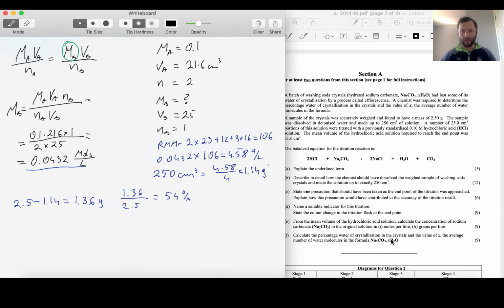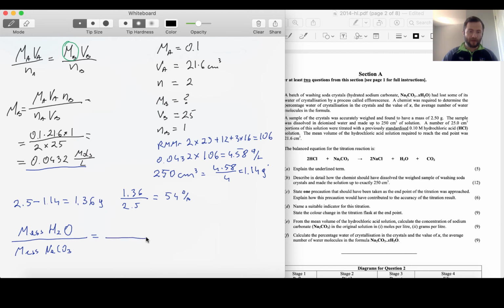Now I need to find out what is the number of molecules of water in this case. In order to calculate that, I realize that the ratio of mass of water in this sample to mass of sodium carbonate has to be the same as the ratio of the relative molecular masses of those two components.